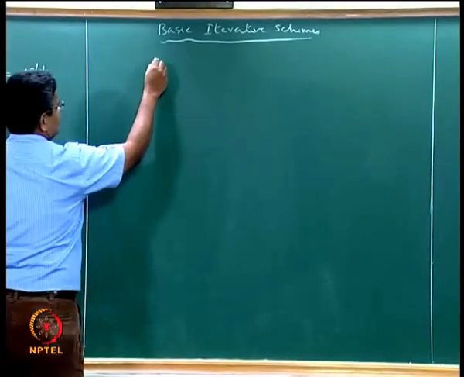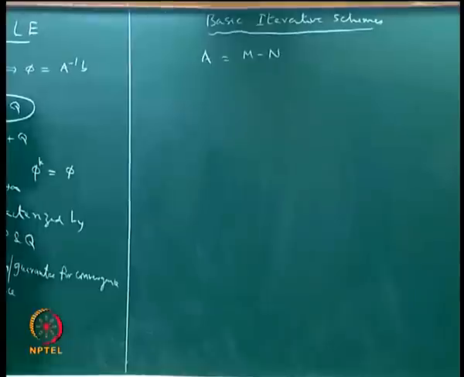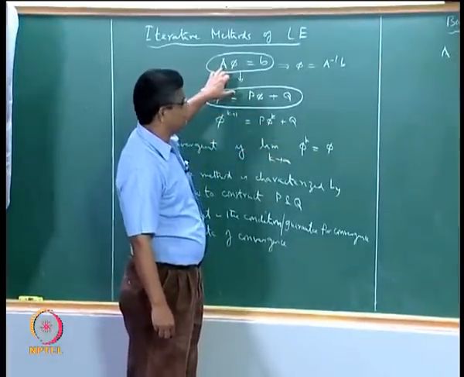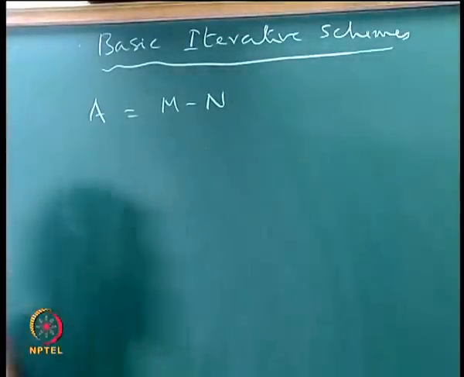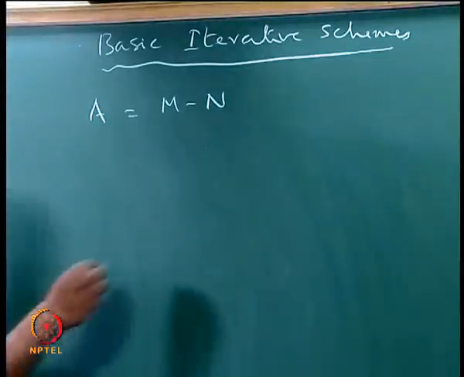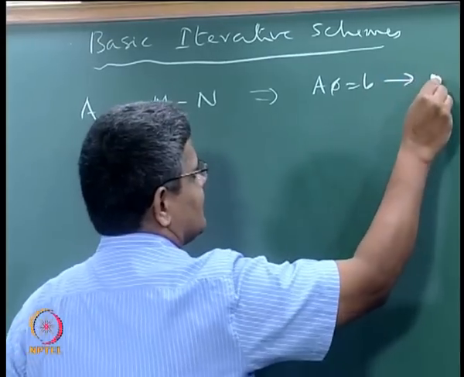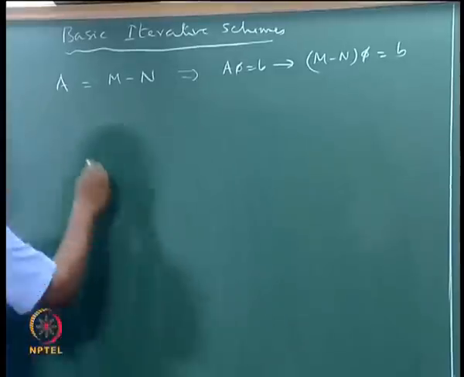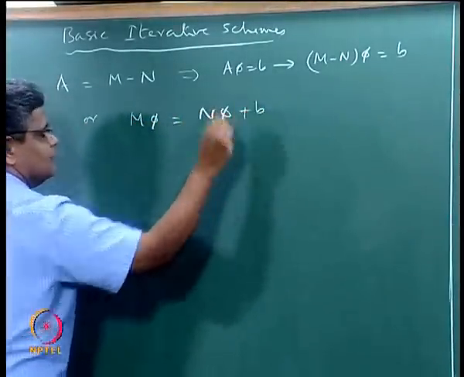In all the cases A is written as M minus N. So the construction of P and Q is such that A is decomposed into the summation of M and N. It is not a multiplicative decomposition like LU decomposition, it is a summation type of thing, and this implies that A phi equal to B will get converted to M minus N phi equal to B, or M phi equal to N phi plus B.